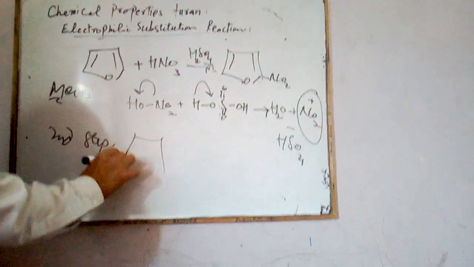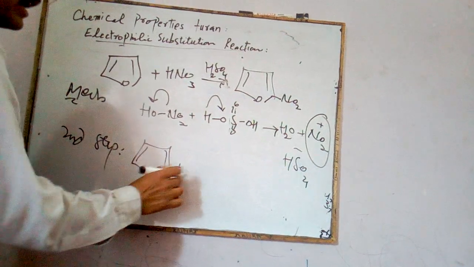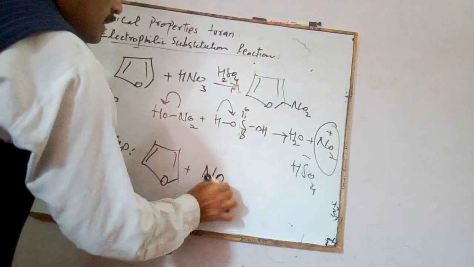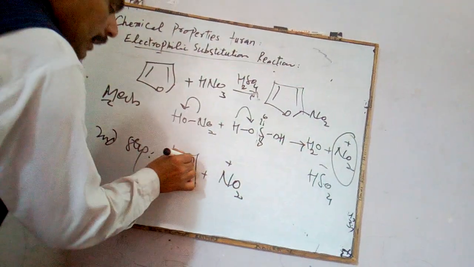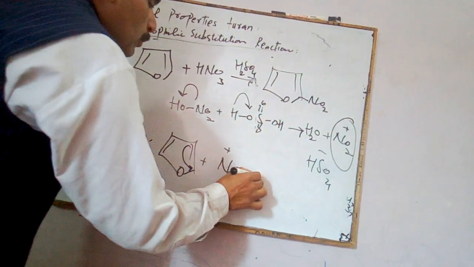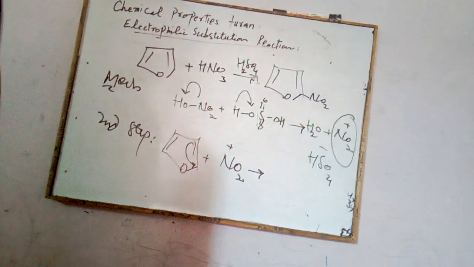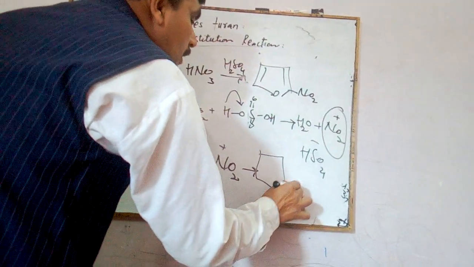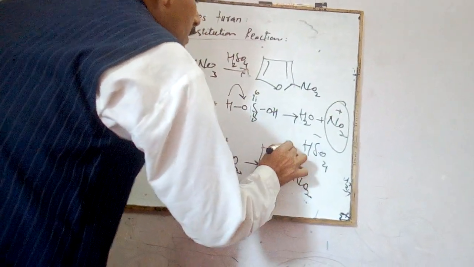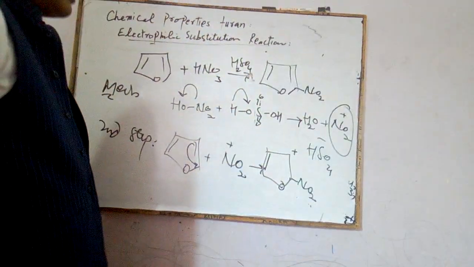Now in the second step क्या होगा कि यही इलेक्ट्रोफाइल, that is NO2 positive, जिसे नाइट्रो ग्रुप कहते हैं, will attack at position number 2 of the pi electron system and will attach itself at position number 2. As a result, this position will become positively charged.